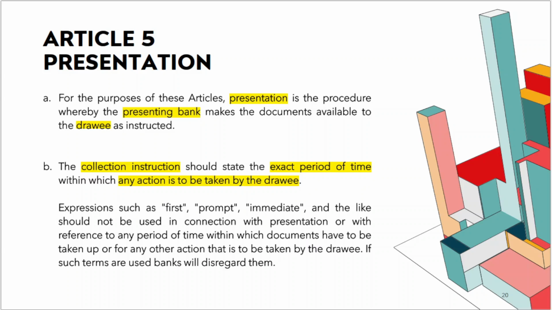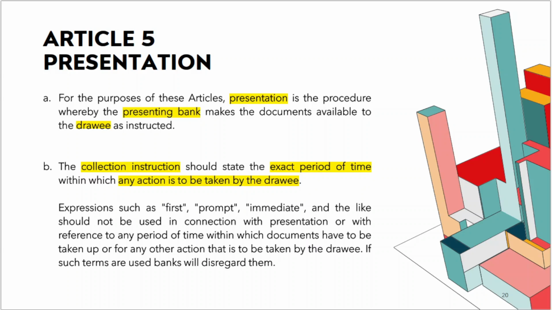And this subsection B goes on to say, look here, the expressions such as first, prompt, immediate, or the like. So here they have given you three expressions: first, prompt, immediate, or even a word which is similar in meaning to these three.